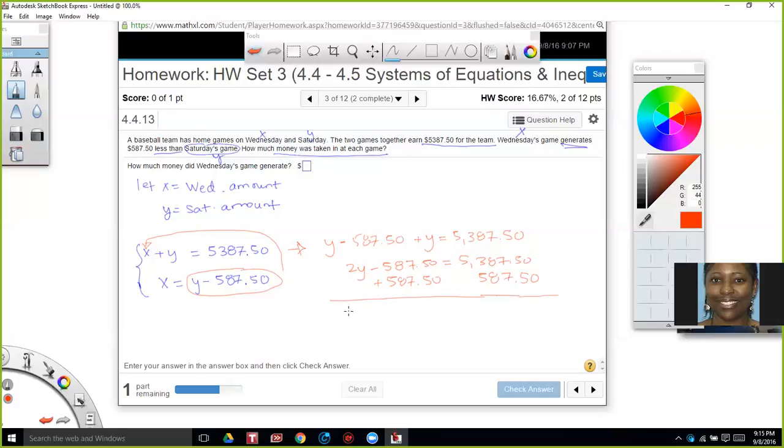And so we have, bring down 2y, that cancels. And equals, you have to add the $5,387.50 to the $587.50, and that should give you $5,975.